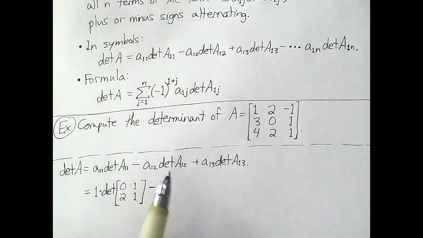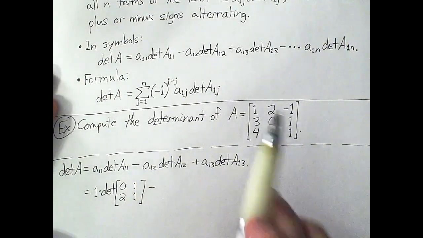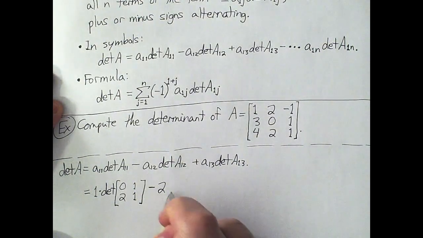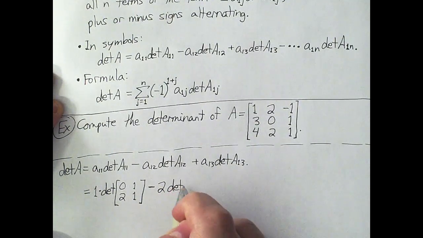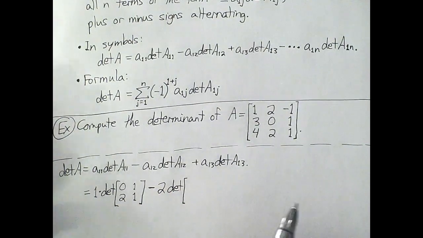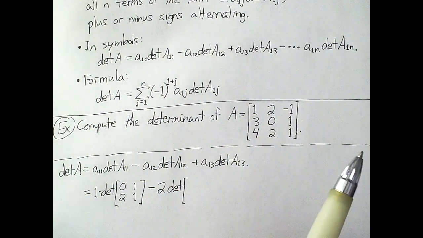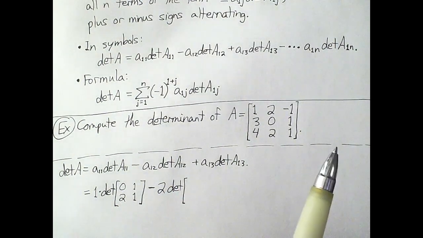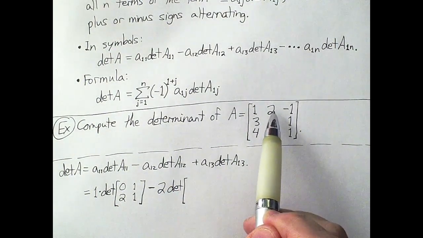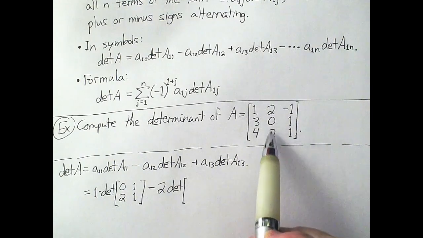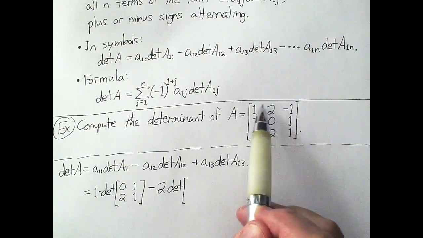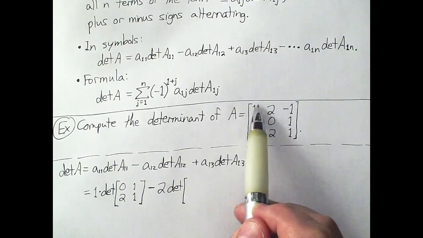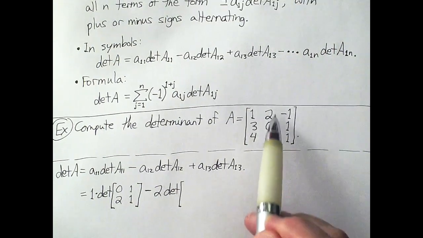Minus a12. a12 is the 2. And then determinant of capital A12, the submatrix formed by deleting row 1 and column 2. Or you could go to the 1, 2 entry and say delete this column and this row. What are we left with? We kind of cross out things in the shape of a letter T, and we look at what's left.